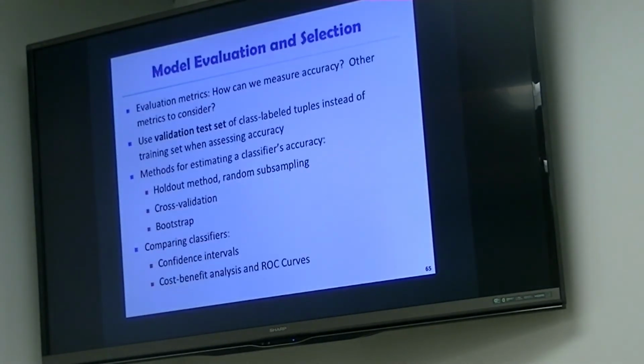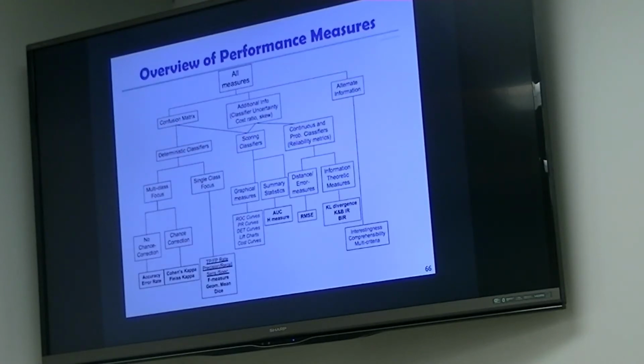Then model evaluation. Last time we talked about how to evaluate the result. These are the performance metrics. We have seen them last time: accuracy, precision, recall, F measure, the ROC curve, and RMSE, the root mean squared error. We used mean squared error in the regression model.